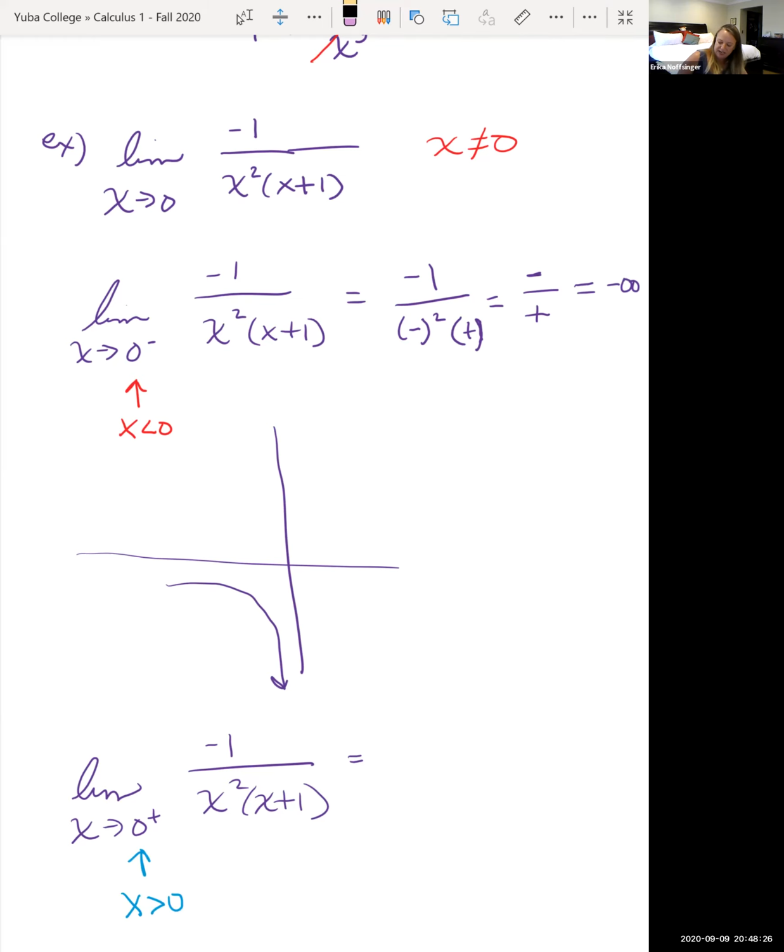That doesn't affect my negative in the numerator. All over, any number squared is always positive, and a positive number plus 1 is always going to be positive. So this is negative over positive, which I know is negative. So as x gets closer and closer to 0 on the right, this will be shooting downwards and going to negative infinity.